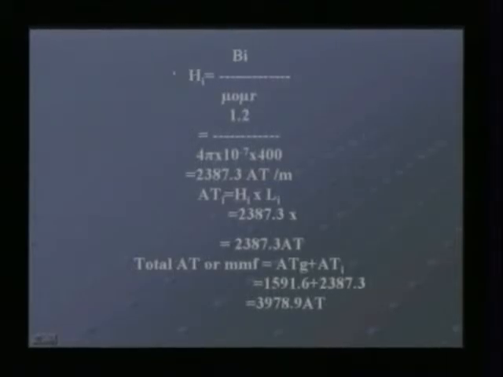Now the field strength in the iron part, that is Hi, is equal to Bi by mu naught mu r, which is 2387.3 ampere turns per meter, substituting the values of Bi, mu naught and mu r.